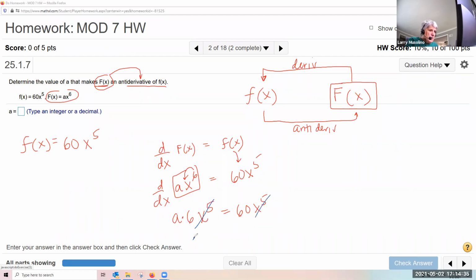So what I'm seeing is that 6a has to equal 60. Well, for that to happen, a must equal 10. So by taking the derivative of this capital F of x, it's got to equal the lowercase f of x. So that means a must equal 10. That is the answer they're looking for here.